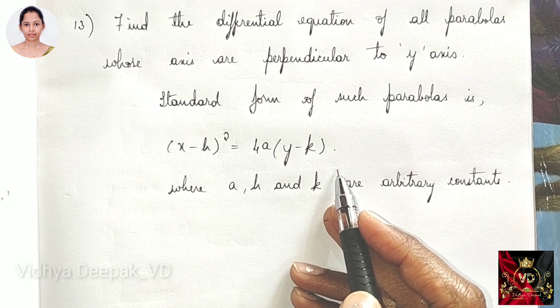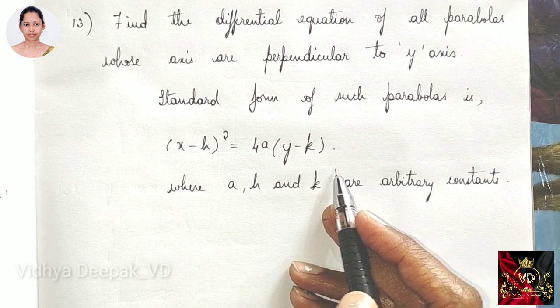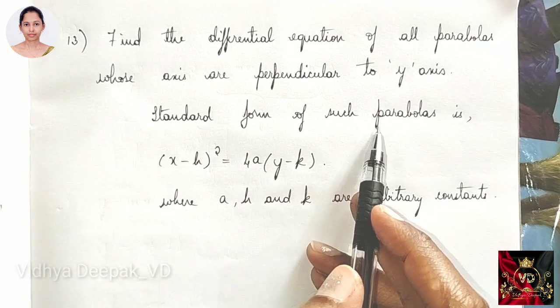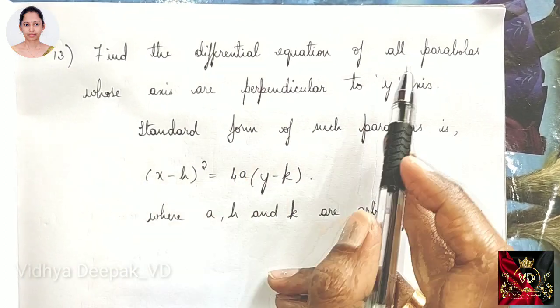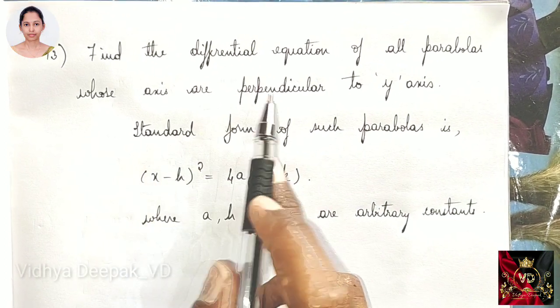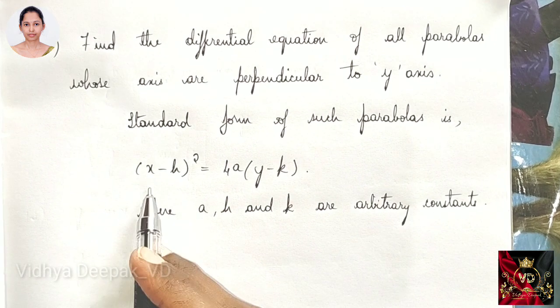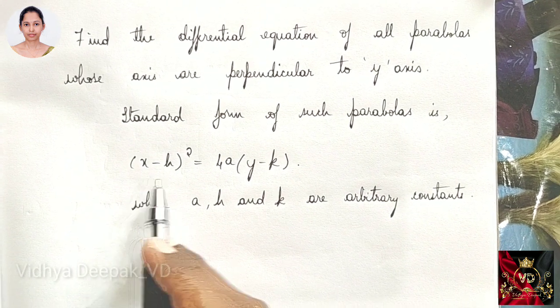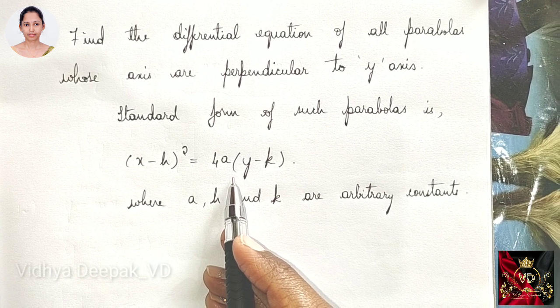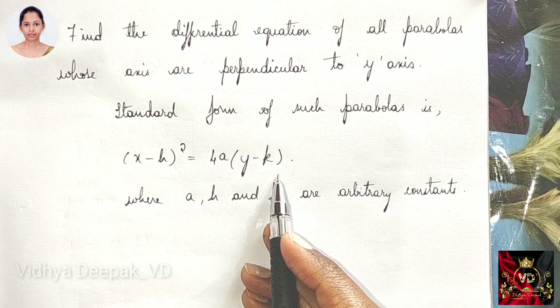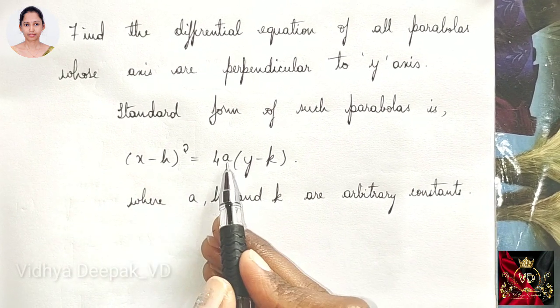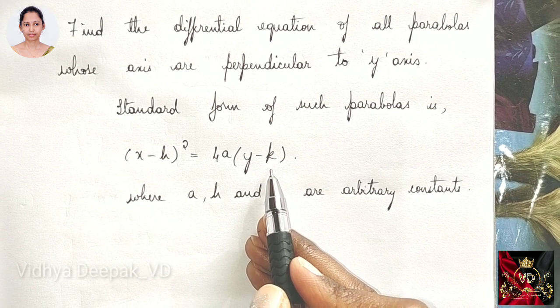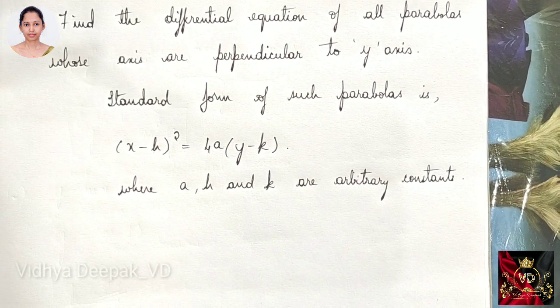You have a chapter conic section there, right? So under this condition, that is parabolas whose axis is perpendicular to y-axis, the formula is x minus h the whole square is equal to 4a into y minus k. Here you can see h, a and k are the arbitrary constants.